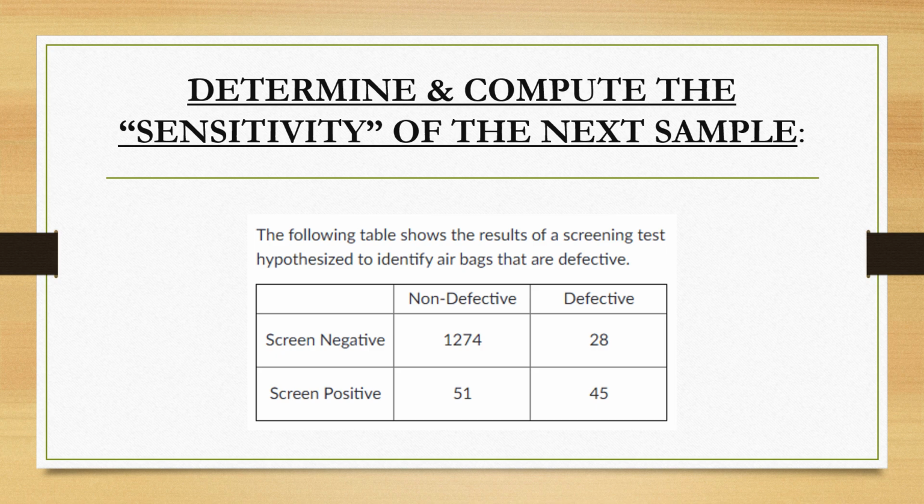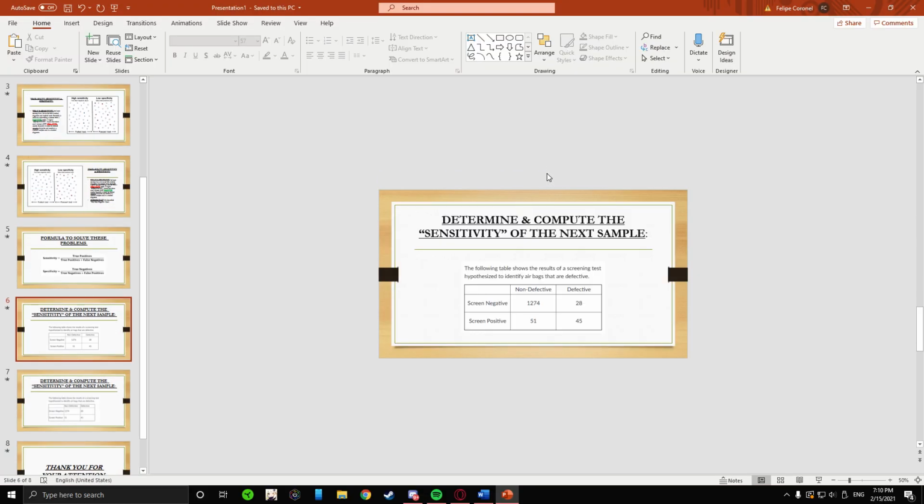So the screen negative, non-defective and defective. For us to solve this, we should change a little bit the order that things are put in. We should put screen positive up, then screen negative down, and non-defective and defective as they are right now. So we're going to do this problem.